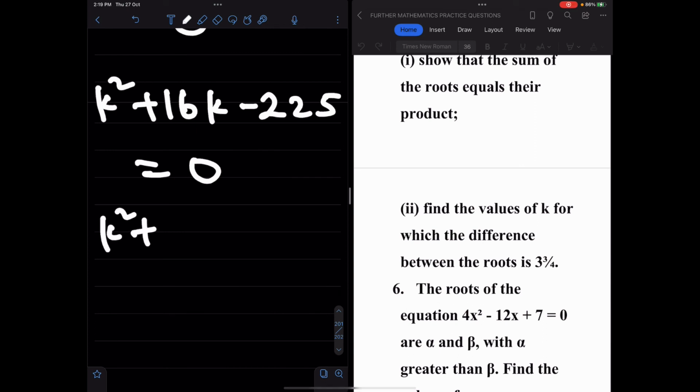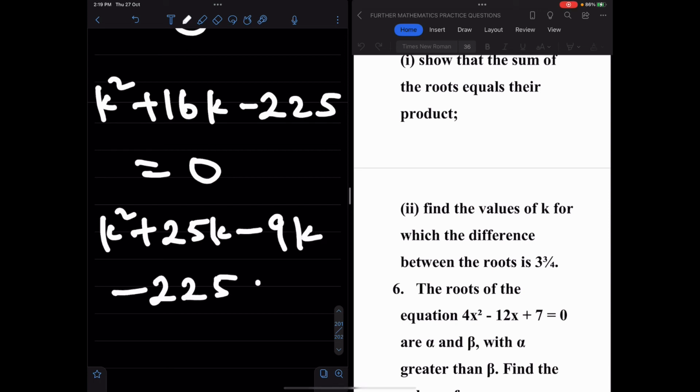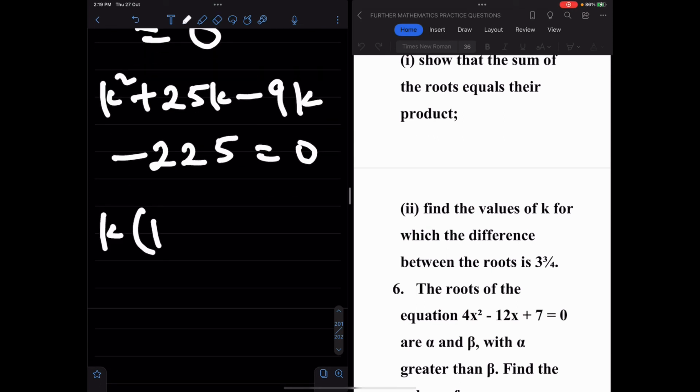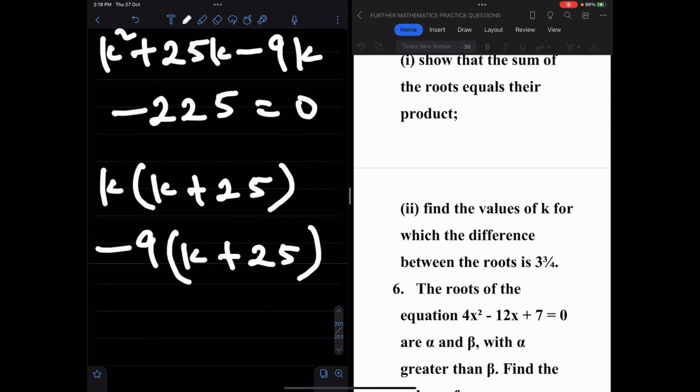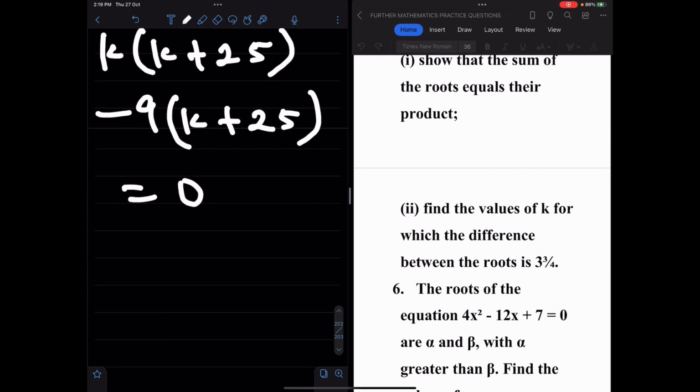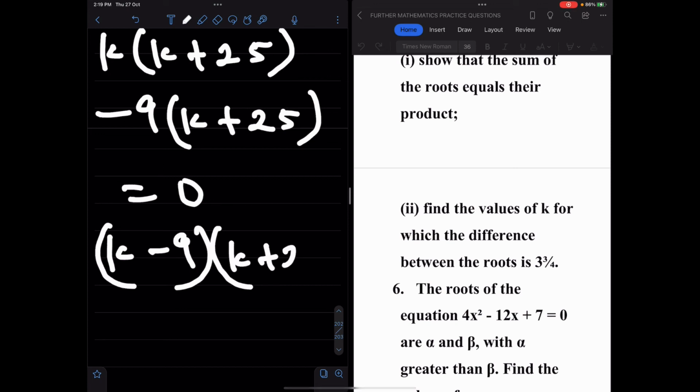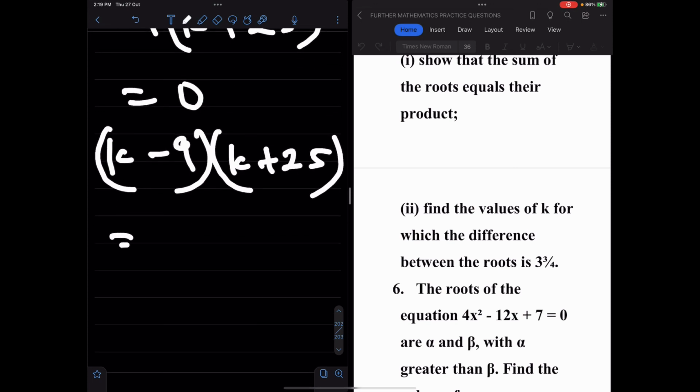Yes, we can. That's k squared plus 25k minus 9k minus 225 equals 0. And that's the same as k into bracket k plus 25 minus 9 into bracket k plus 25 equals 0, which simply means k minus 9 into bracket k plus 25 equals 0.